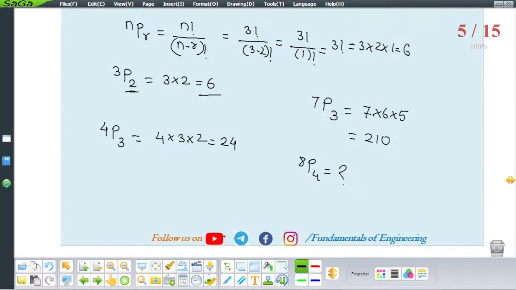So what is the answer? In the chat box you can write down.